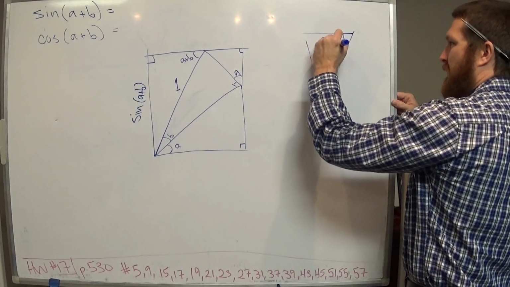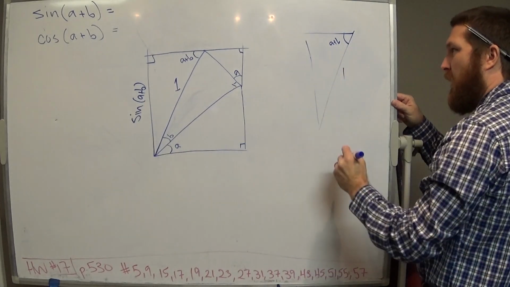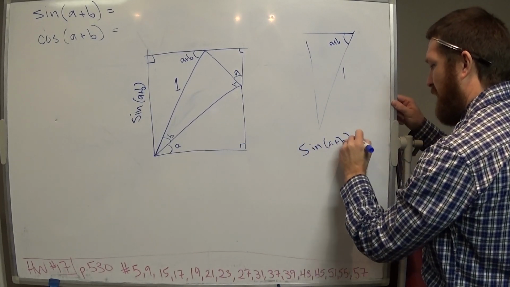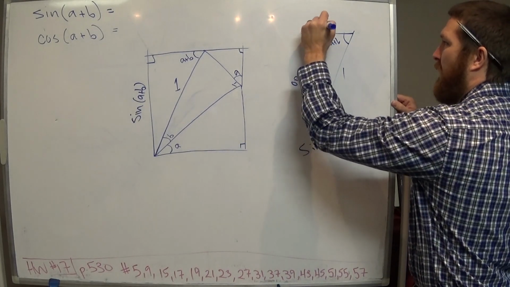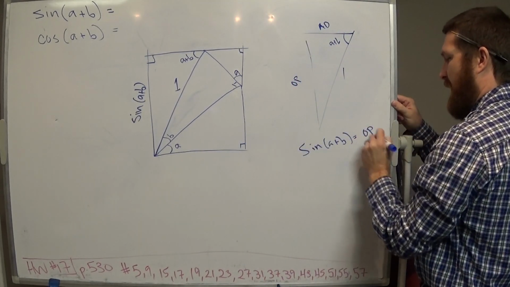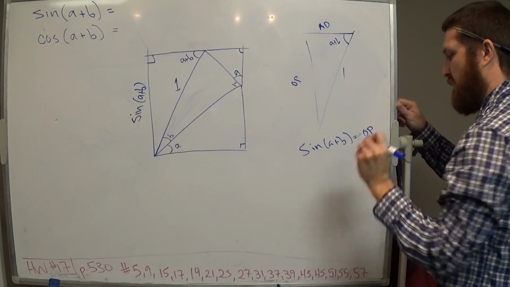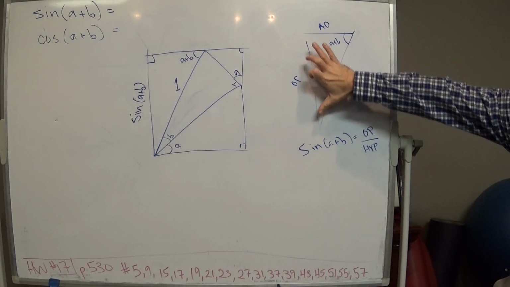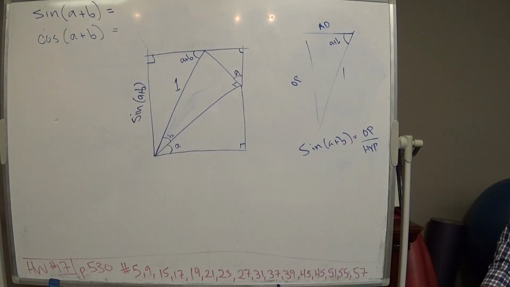Here's whatever angle, here's 1, and sine A plus B is going to be my opposite over the hypotenuse. Hypotenuse is equal to 1, opposite is that length.